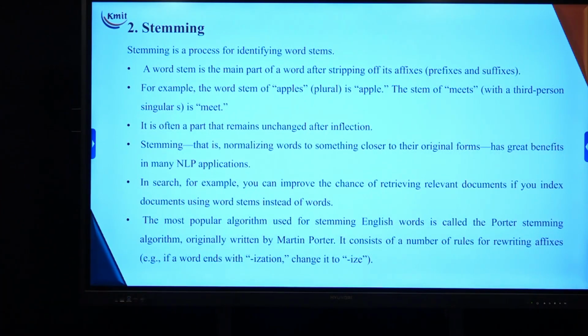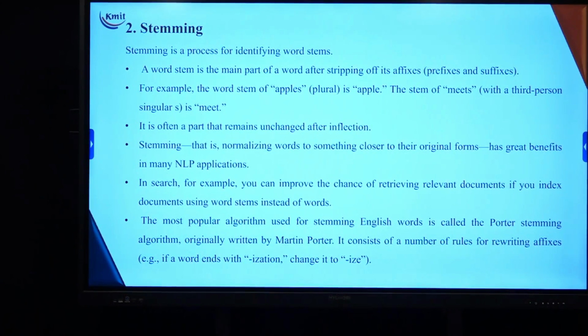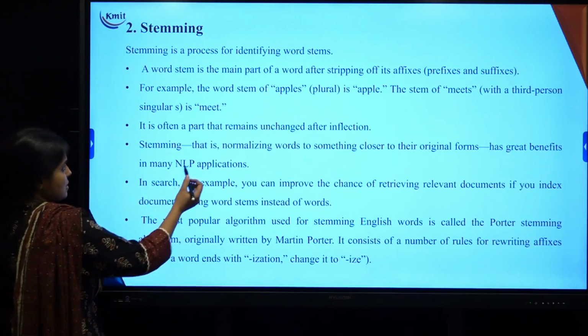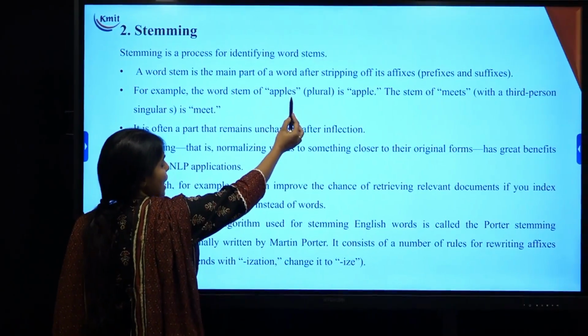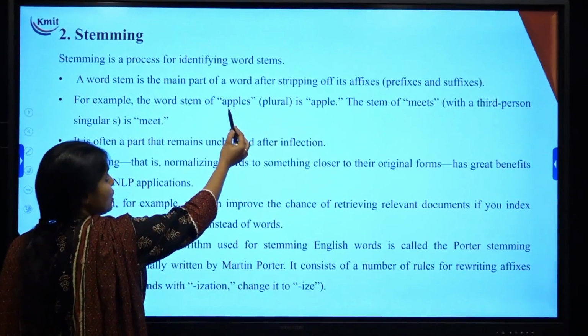The second concept of processing text in NLP is stemming. Stemming is the process of identifying word stems. For example, when I talk about the word "apples", "apple" is the word stem.